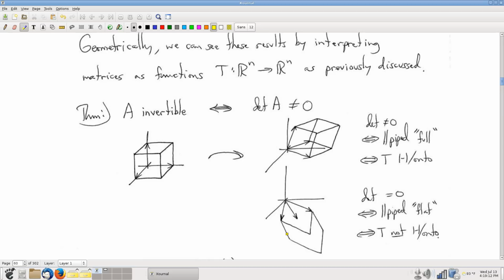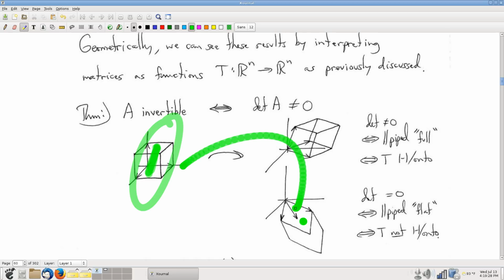the volume. And so, for example, some point, let's say here, that point, an entire line of points must have been smushed onto just that one point. So that means that this function is not one-to-one and onto.